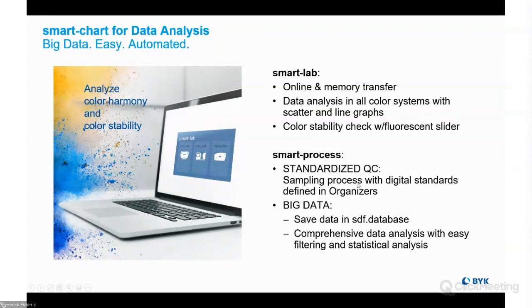The second package, Smart Process. Smart Process is designed for standardized QC. You can have a sampling process with digital standards defined in organizers, and the organizers are key in Smart Process. I will show you in a minute.